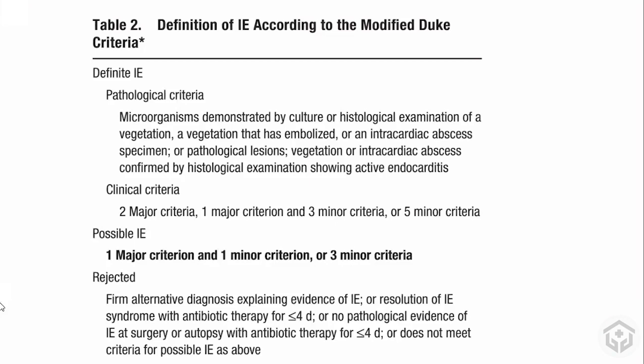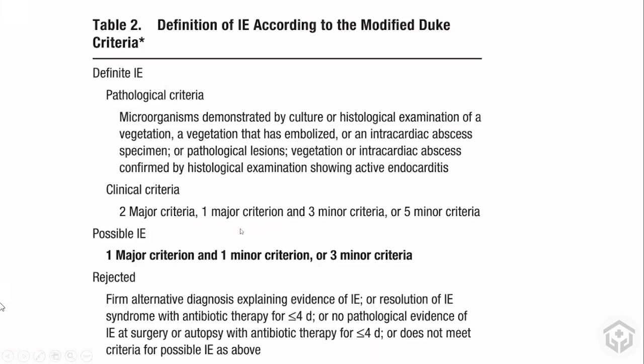But we can't usually go for that. We can't take the vegetations as easily as possible. That is the difficult thing. So usually we always go for the clinical criteria. There, if both major criteria are present, that is blood culture positivity plus infective vegetations in the echocardiogram, then that is definitive infective endocarditis.